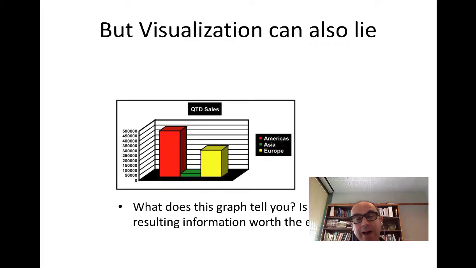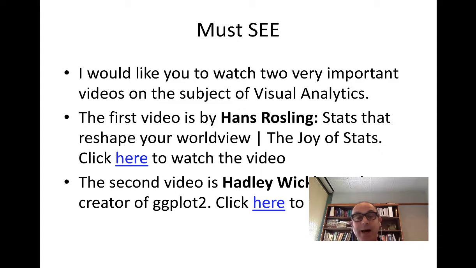I don't have the right visual here, but did it really affect what's going on? In this example, I think this is a bad visualization. We do not see Asia because it doesn't reflect on it. We see the Americans, we see the Europeans, but we do not see Asia. So Asia data does not reflect here. So visualization can also lie. We will learn about that.